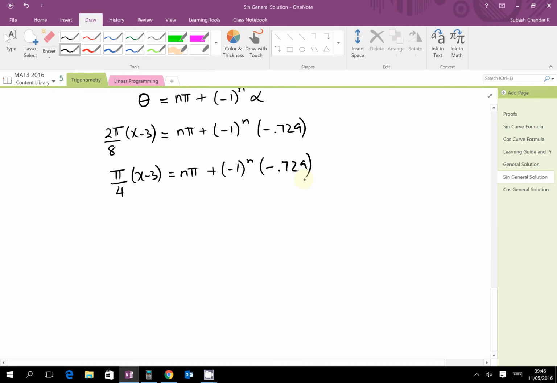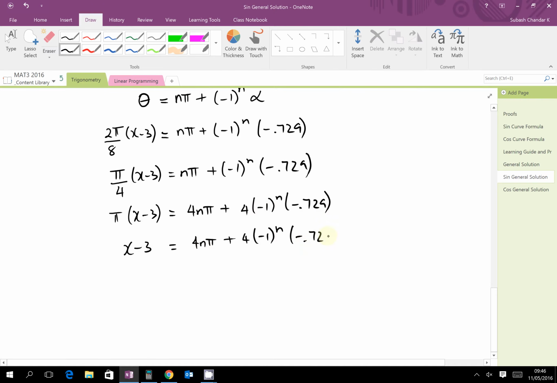All right, and if I rearrange it, I'm going to multiply everything on the other side by 4. So I have 4n pi plus 4 times negative 1 n, negative 0.729, and the whole thing divided by pi. Now, 4n pi, don't put it in yet.